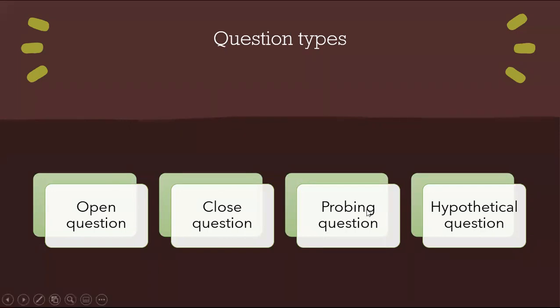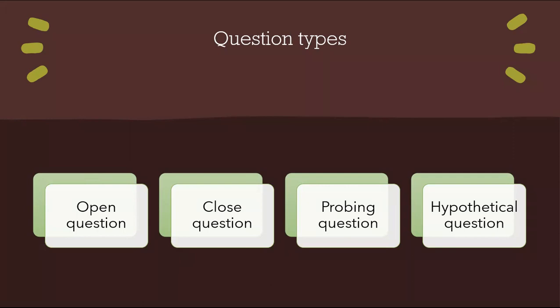A probing question is similar to an open question, but it has a distinctive feature. Open questions tend to be used in breaking the ice at the beginning of the negotiation.